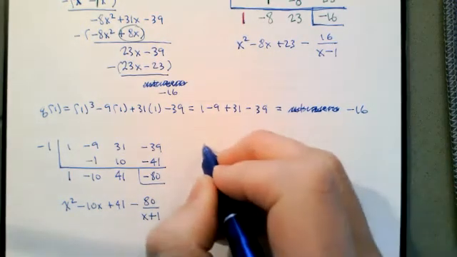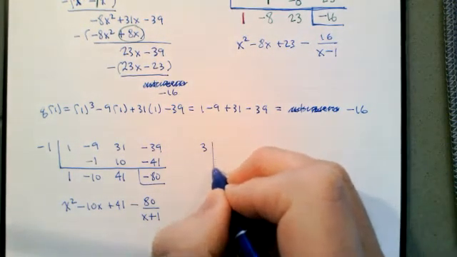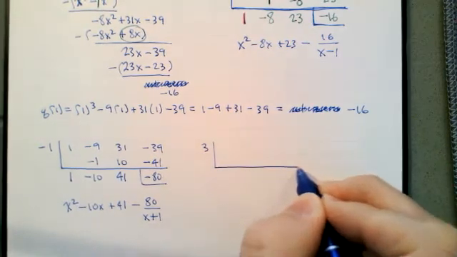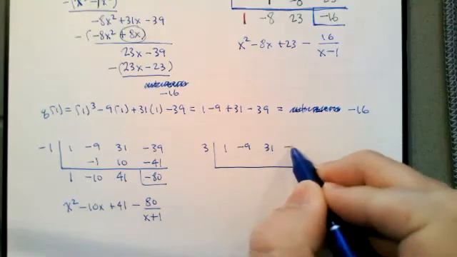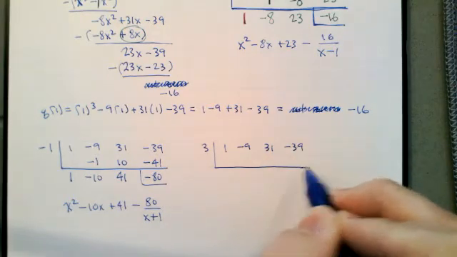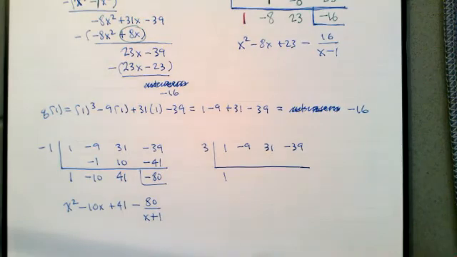So we go on to 3. We're dividing by x minus 3. We're just going to agree that all the highest powers of x are going to cancel out in our subtraction algorithm.